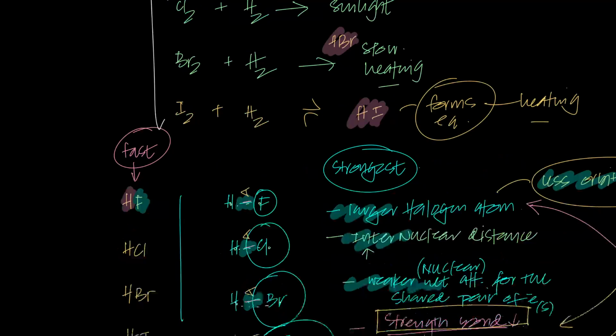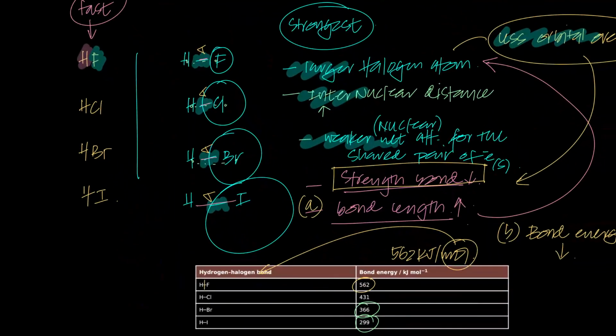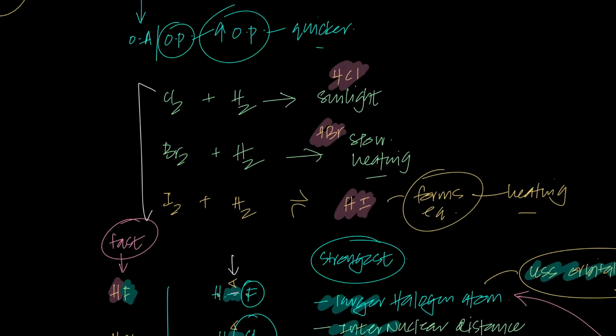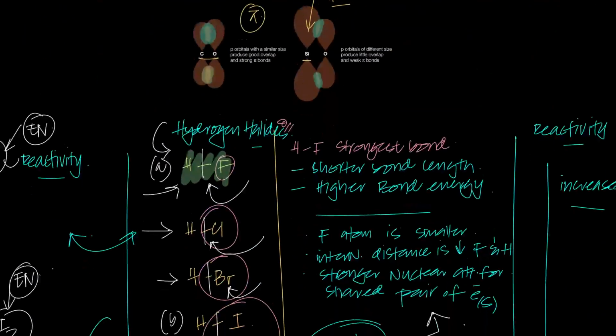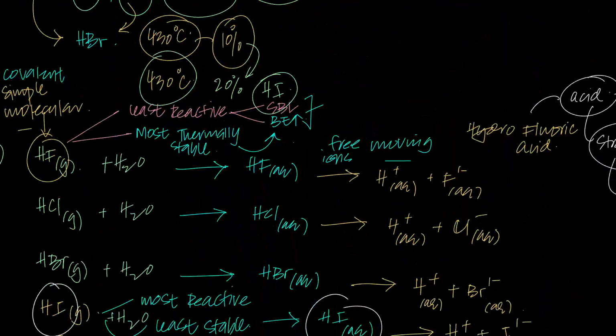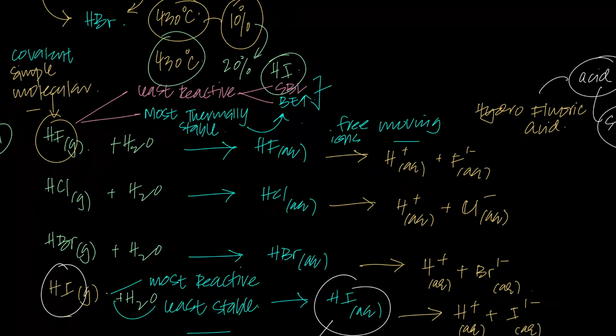Once they were formed, we started to study their bond strengths. And we said, hey, this is pretty strong. And that's why it is going to be the least reactive. So just like fluorine was the most reactive, the hydrogen fluoride is the least reactive, right? And then hydrofluoric acid is also the weakest acid. So fluorine was very reactive, but hydrogen fluoride had a pretty strong bond, and therefore it was the least reactive.